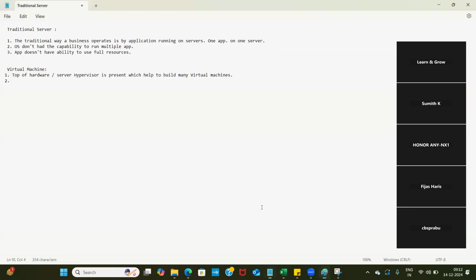Now, what is your query here? Your point is that a VM consumes a lot of disk, meaning storage. A lot of RAM as well.